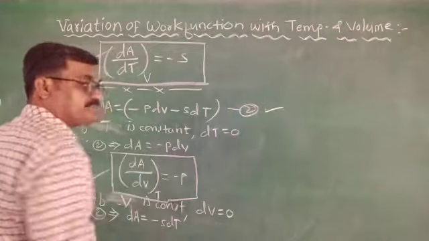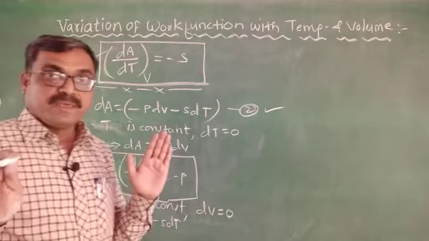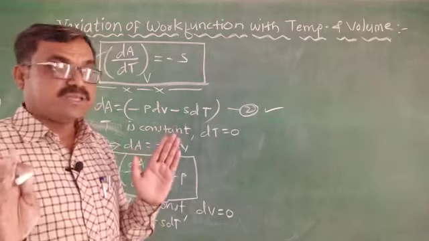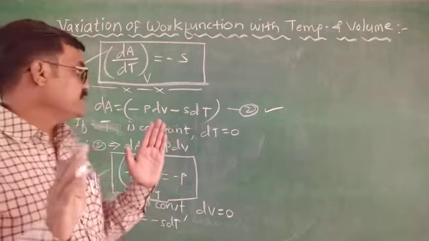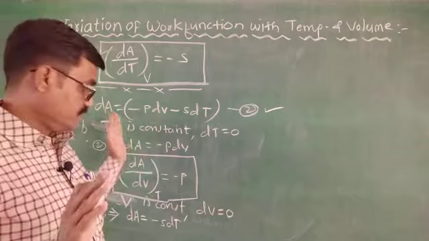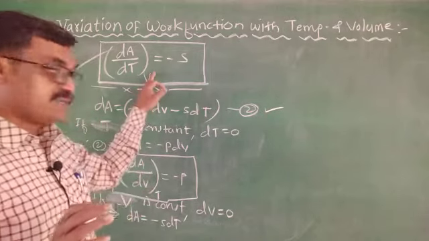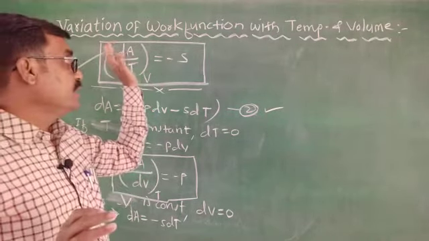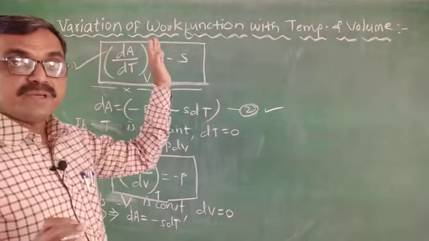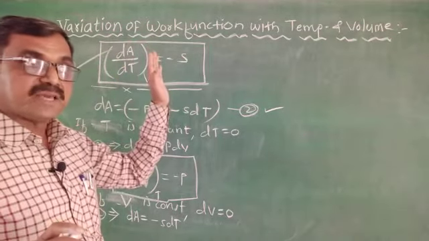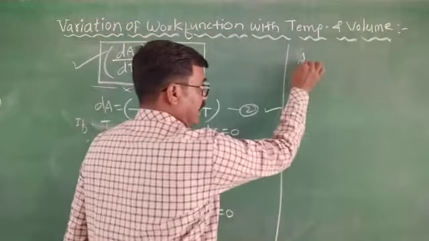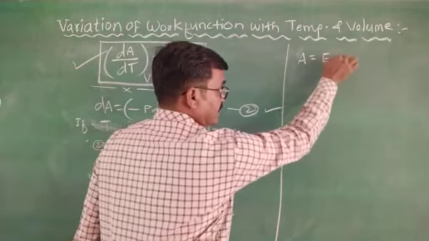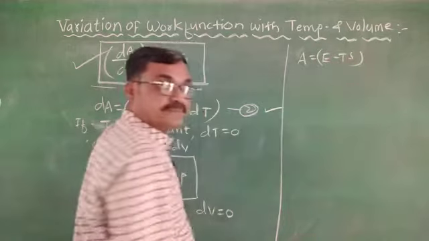This may be asked. First of all we have to see whether the question says show that, or only explain the variation. If explain the variation, then first write A equals E minus TS, the definition.